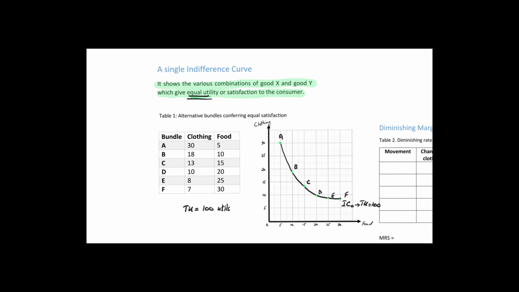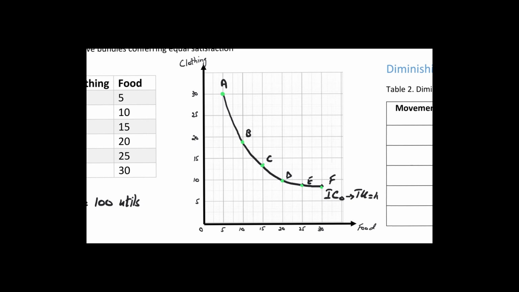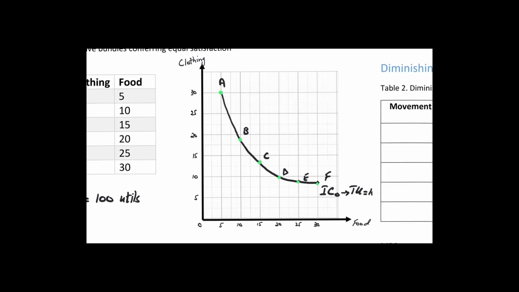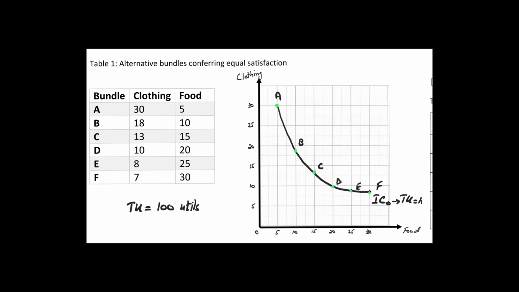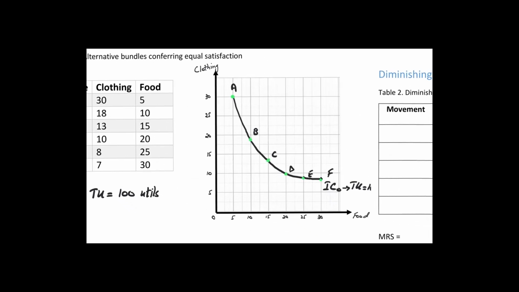Okay? So the thing is, we have to find out that in order to have one more of one thing, how much of the other do I give up? A lot like opportunity cost, but slightly different in this context. So for example, when I go from combination A to combination B, I lose something in order to gain something.